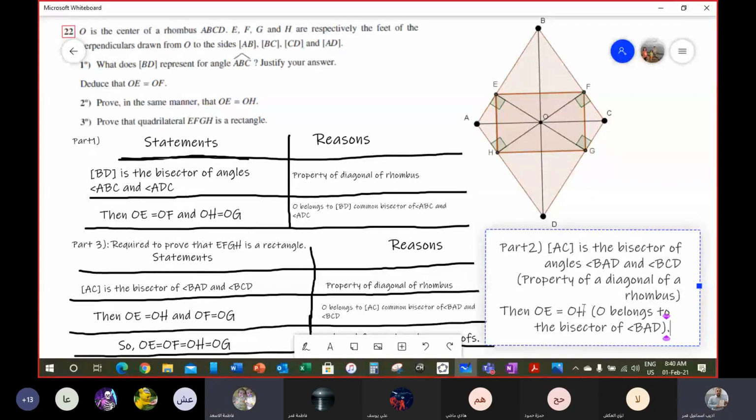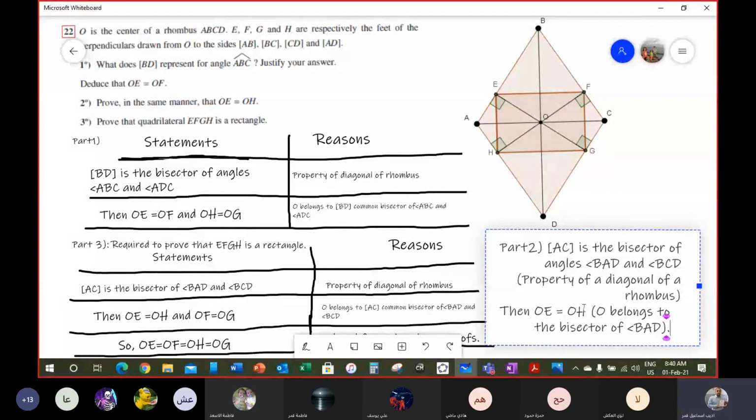Part 2 says prove in the same manner that OE equal to OH. AC is the bisector of angle BAD, property of a diagonal of a rhombus.